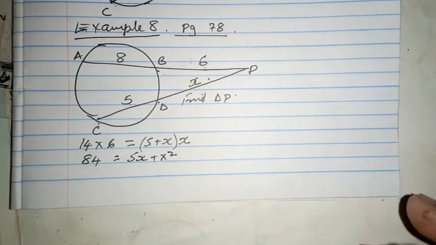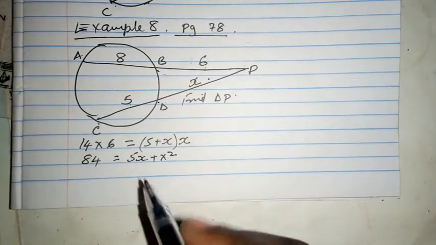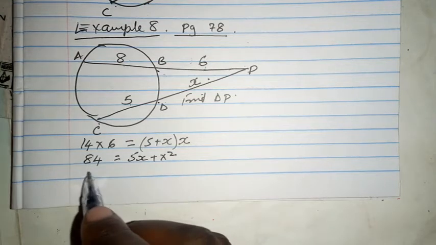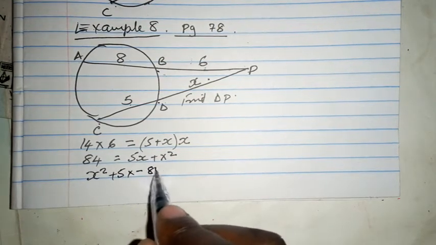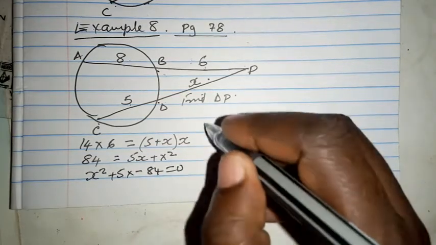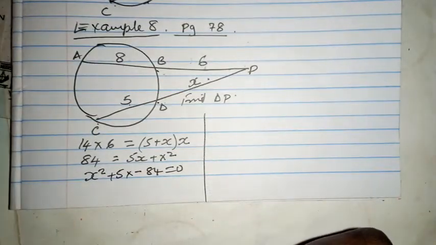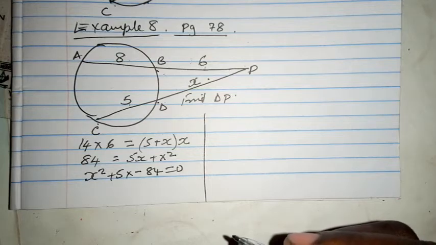It forms a quadratic equation: x squared plus 5x minus 84 is equal to 0.